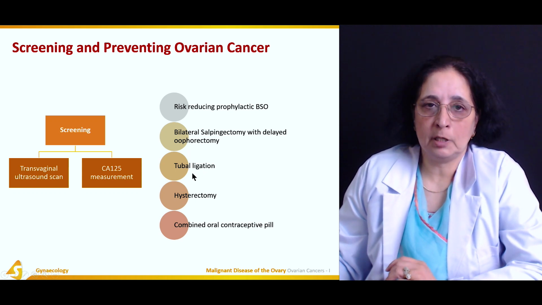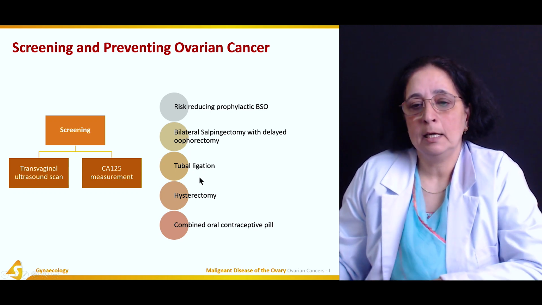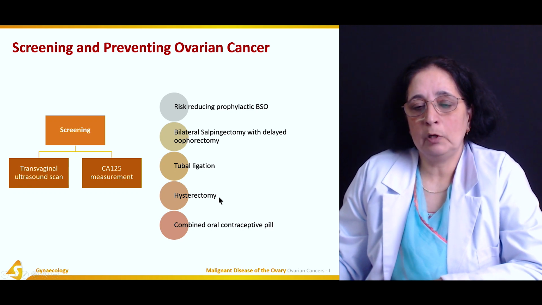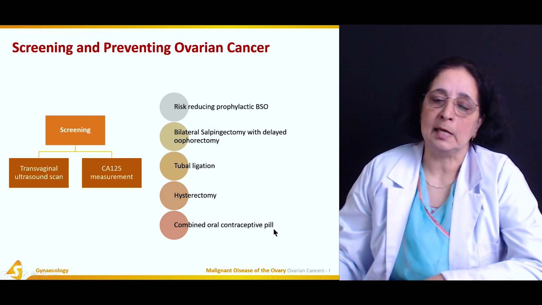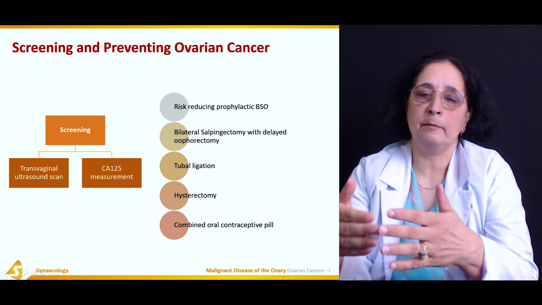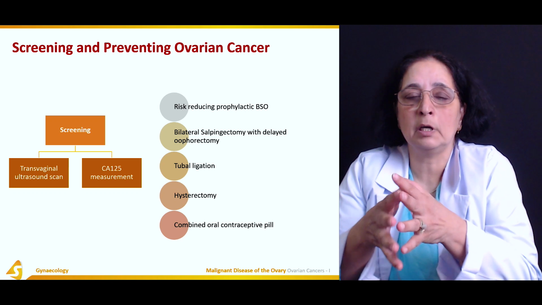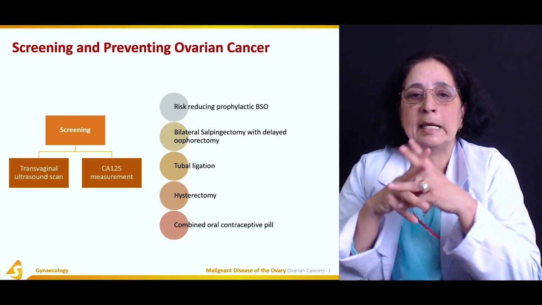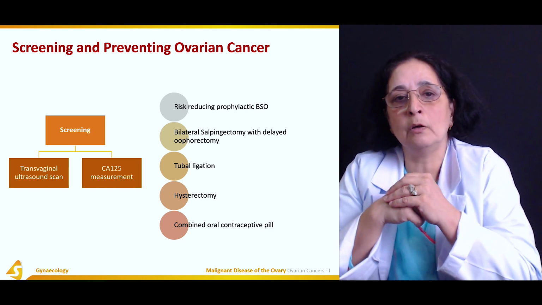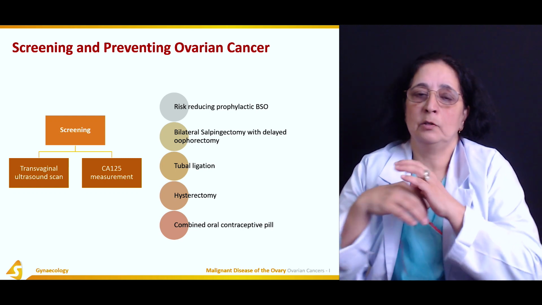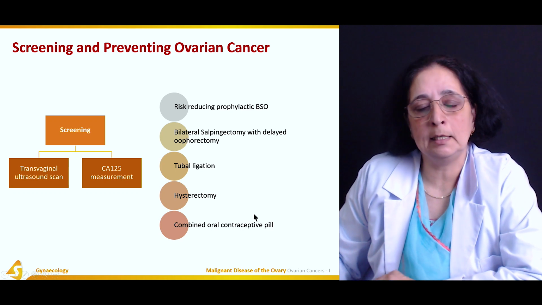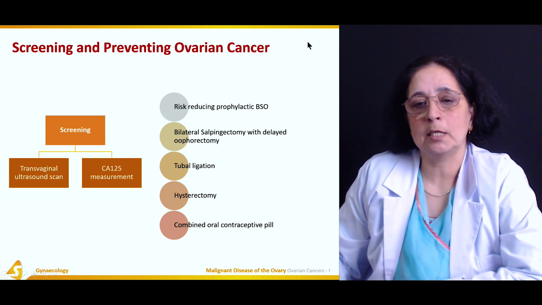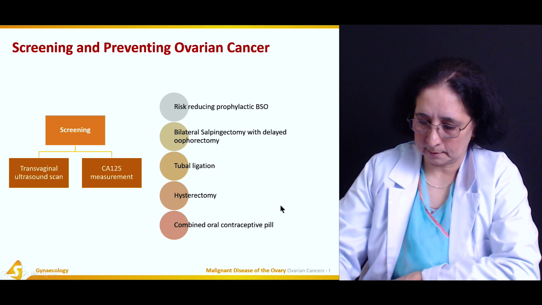Tubal ligation, in which tubes are tied, hysterectomy, and combined oral contraceptive pills. These are the same factors we talked about earlier that decrease the chances of ovarian cancer. So if these are performed on time or prophylactically, they can decrease the chance of getting ovarian cancer.